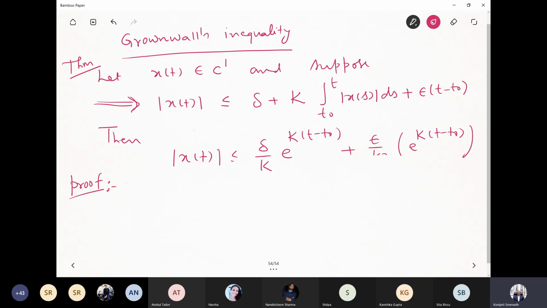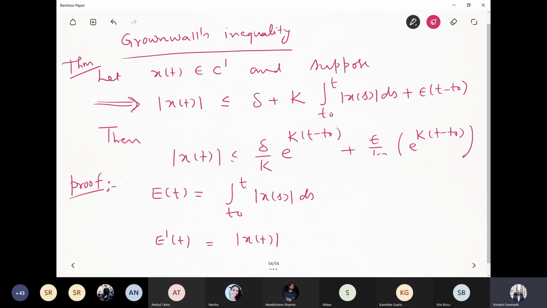Well, so now let's see how to prove this. Take for example E(t), which is the integral from t naught to t of |x(s)| ds. Then you see that E prime of t is equal to |x(t)|.